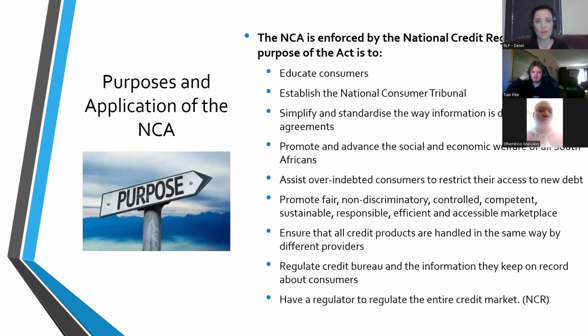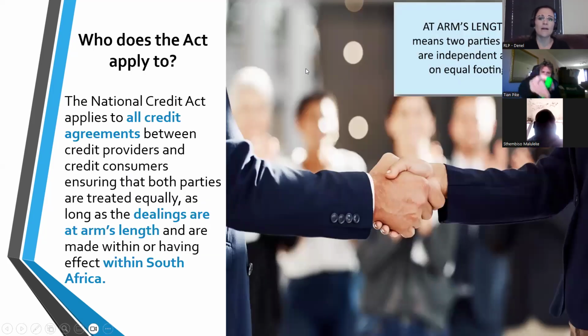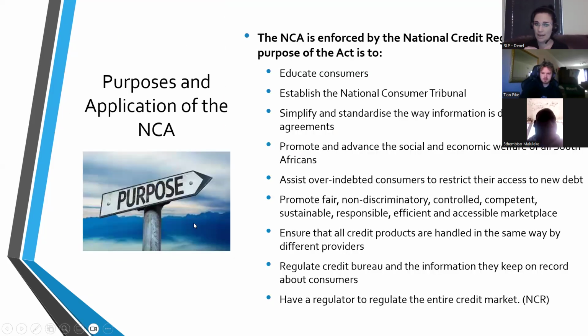Okay, cool. So now we look at, let me just go back. Now we look at the purpose and application of the National Credit Act. So the National Credit Act is actually enforced by the National Credit Regulator.